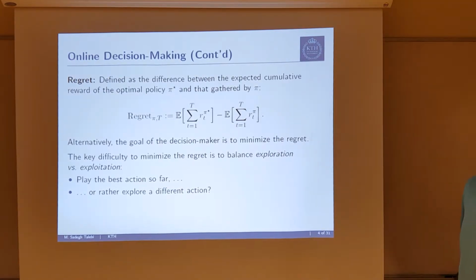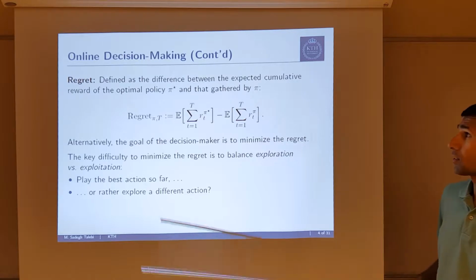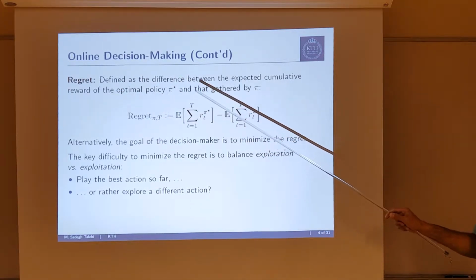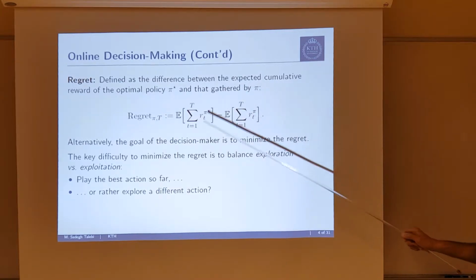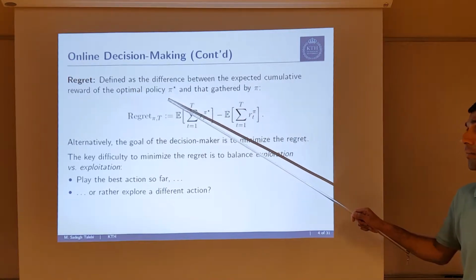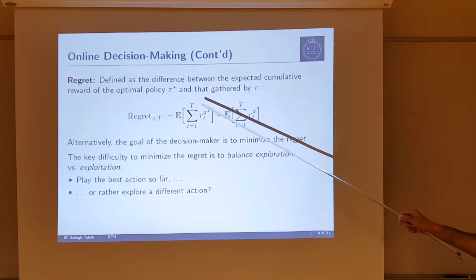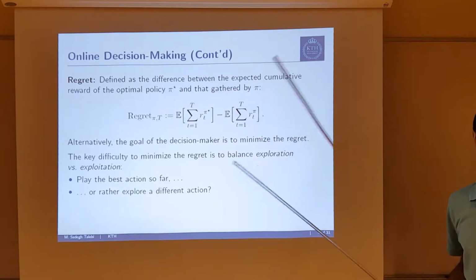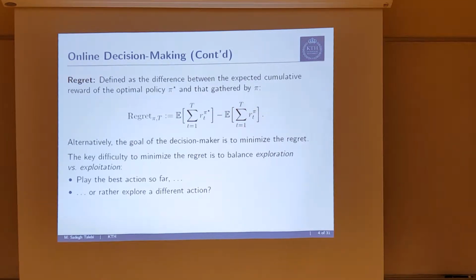If you remember, we said that we have several performance metrics, but one performance metric of interest is the notion of regret, which compares the difference between the expected cumulative reward under an optimal policy, pi star, and the policy that you employ. This optimal policy can be computed, maybe in a very complex way, when you know the environment.